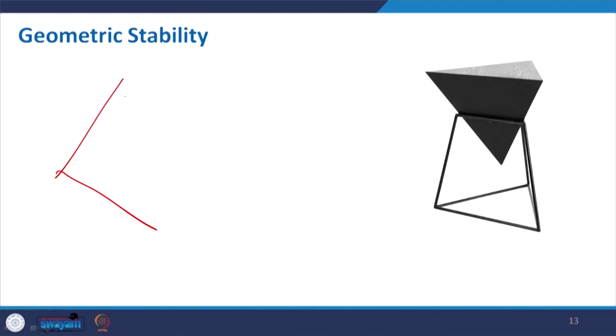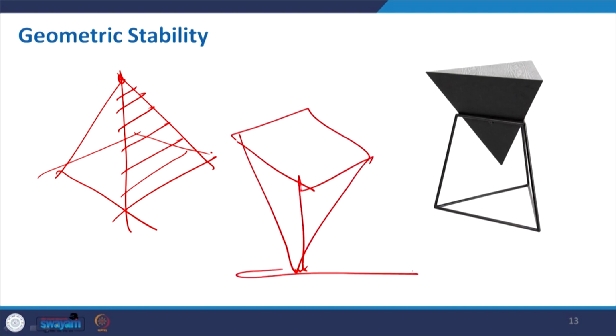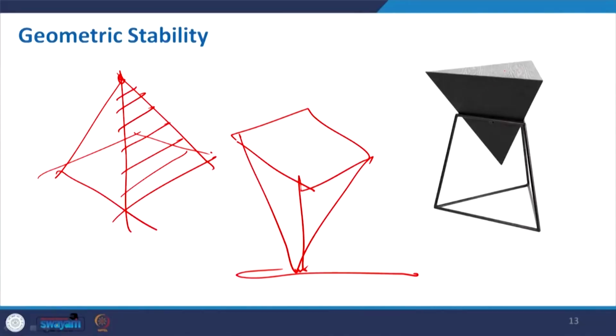Now, in this geometric stability, if we take the example of a pyramid, it is very stable, because at the base it has the connection, and then the cross section reduces and there is a peak. So, it is very stable, but what about the inverted pyramid? Looking at this itself, it looks very unstable, and in the picture I have shown that to protect it, to give a sense of stability, we create another set of truncated pyramid or something like that.